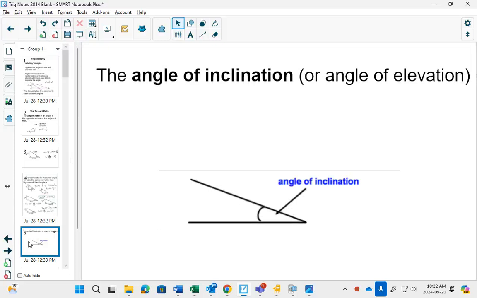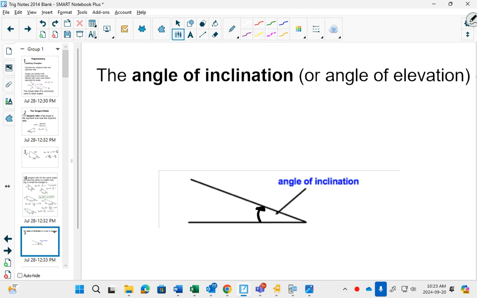Some more definitions. When we're looking straight out and we look up, so maybe we can even add an arrowhead this way. You're looking straight out, and you look up, we call that an angle of inclination.